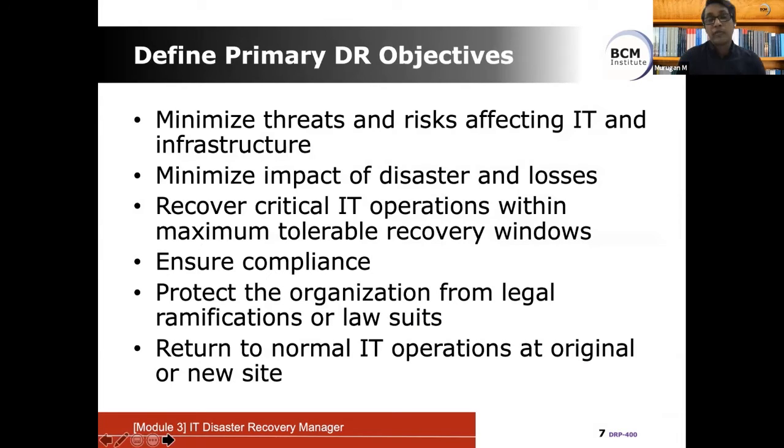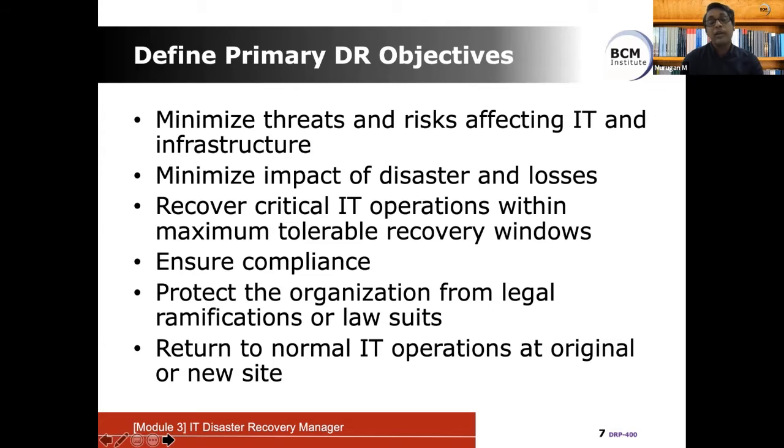Okay. These are some of the primary DR objectives. We're supposed to minimize threats and risk affecting IT and infrastructure, minimize impact of disaster and losses. This is what we have been educating people. Whenever there's a disaster, if you have a BC, business continuity, and a DR, it doesn't mean that your organization will not have any losses. There will be.